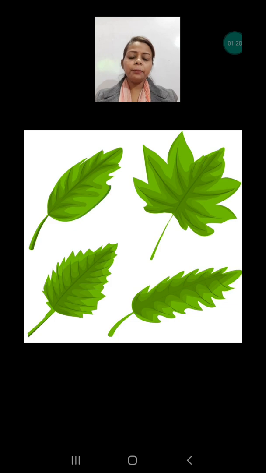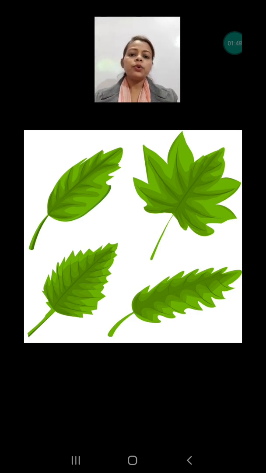Actually, depending upon the uses or the circumstances or atmosphere, the type of leaves present in the trees varies. If the trees are very big, the number of leaves is larger, so that they can make food for the whole plant. If they are growing in a hill station or in a cold area, then their leaves are very narrow, so that water loss can be reduced.